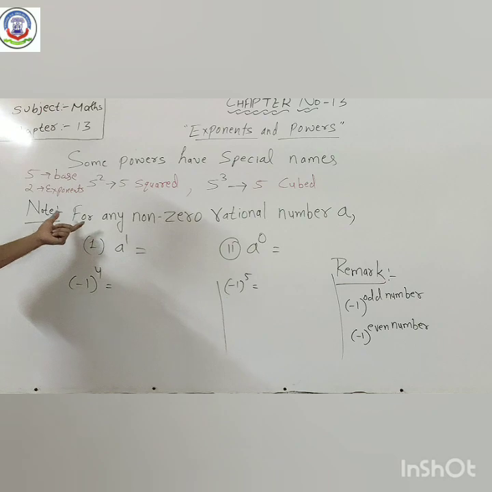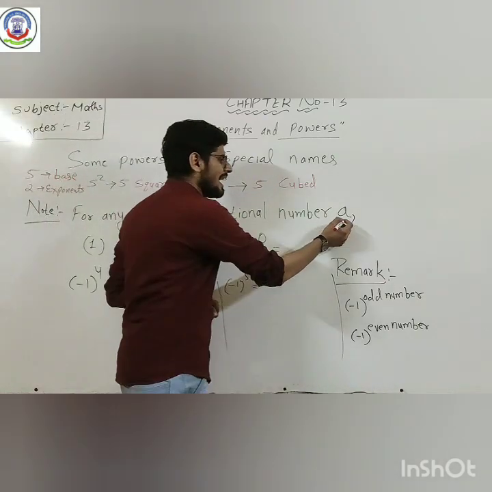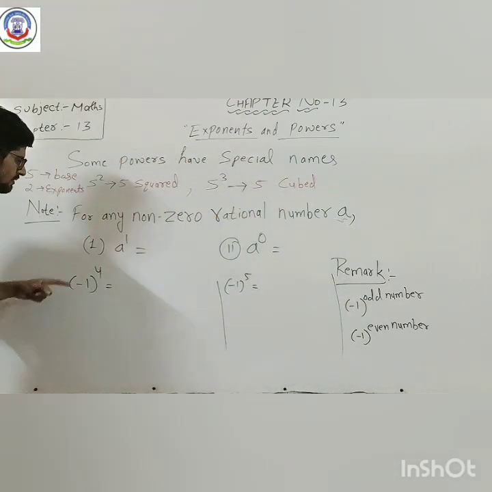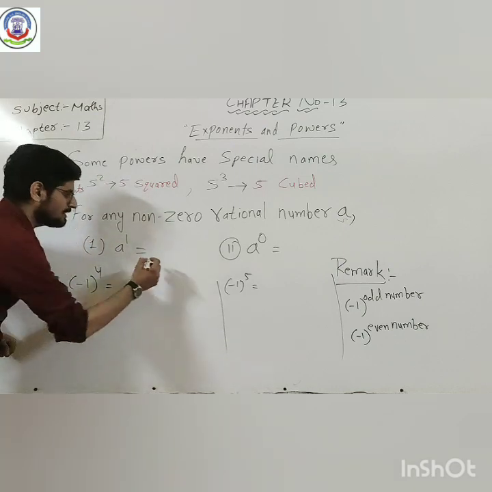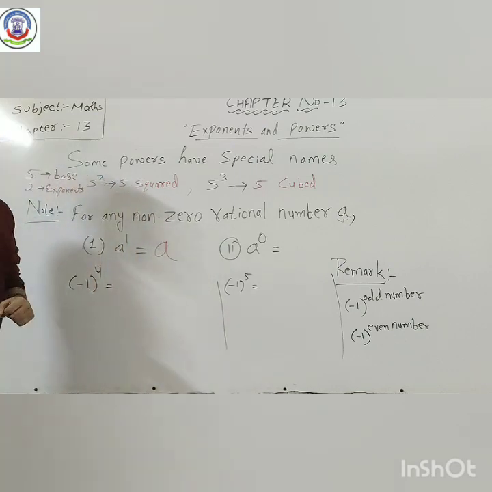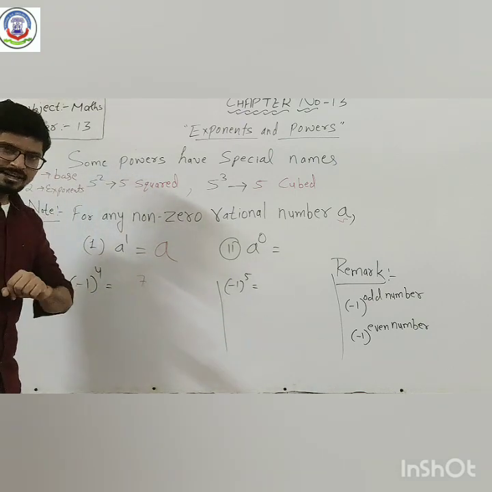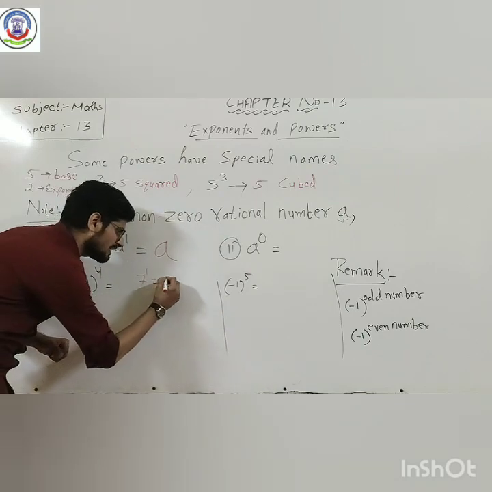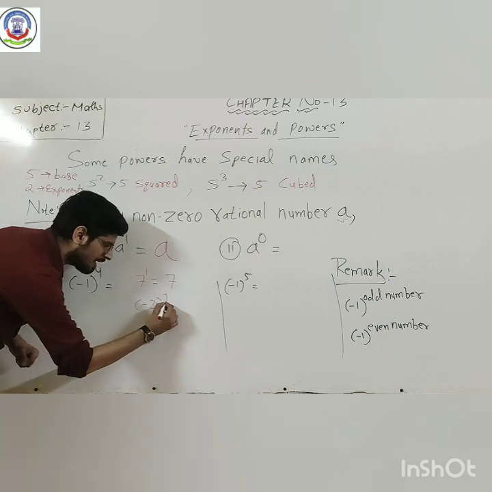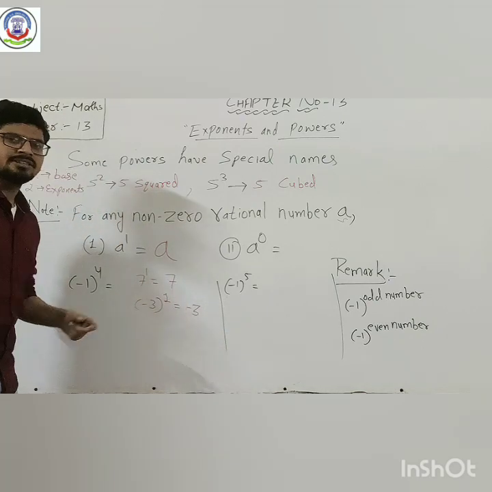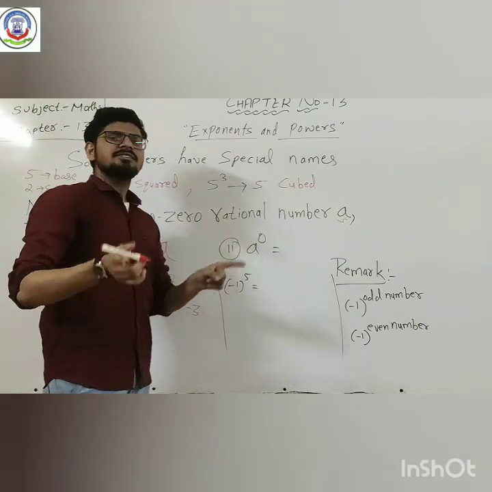Okay. So for any non-zero rational number, say A is any non-zero rational number. First condition: if A is raised to the power 1, then you will get the same A. For example, 7 एक रेशनल नंबर है, उसकी पावर 1, तो उसका आंसर क्या आ जाएगा? सेम 7. -3 raised to the power 1, same answer -3, means A. Second case is A raised to the power 0.